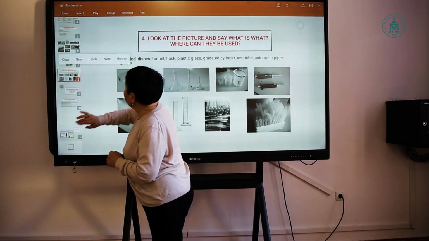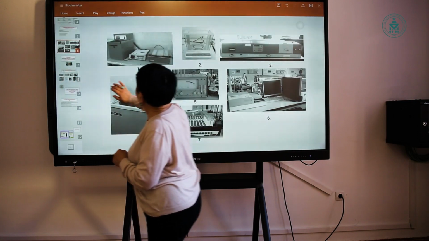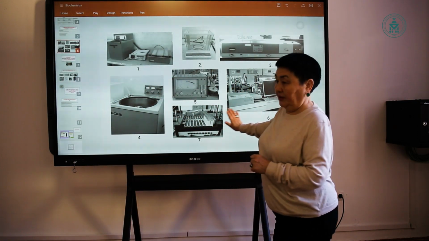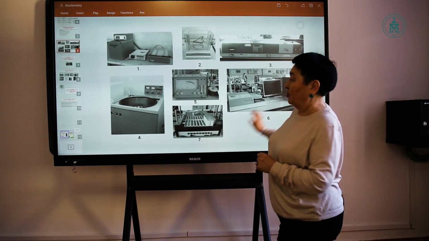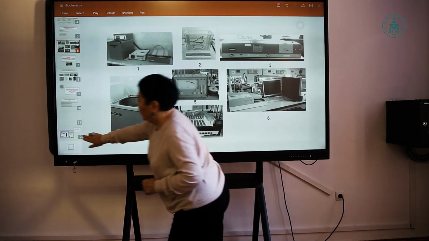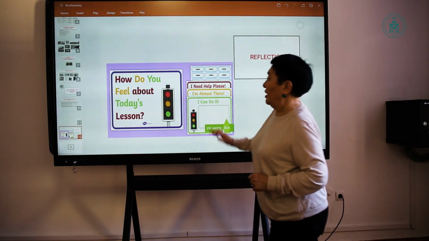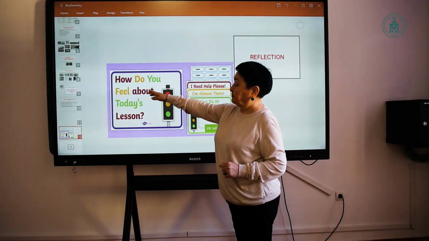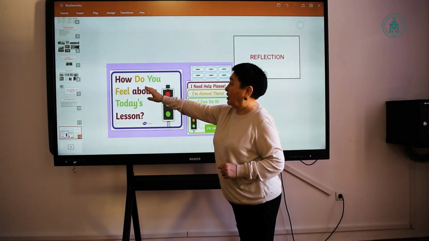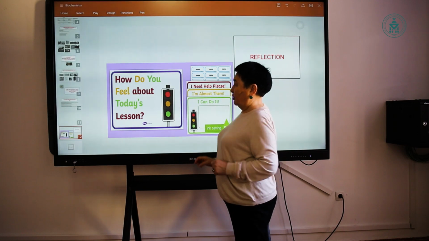Then, of course, we need to differentiate all kinds of laboratories. And in the reflections, I finish with this question: how do you feel about today's lesson?